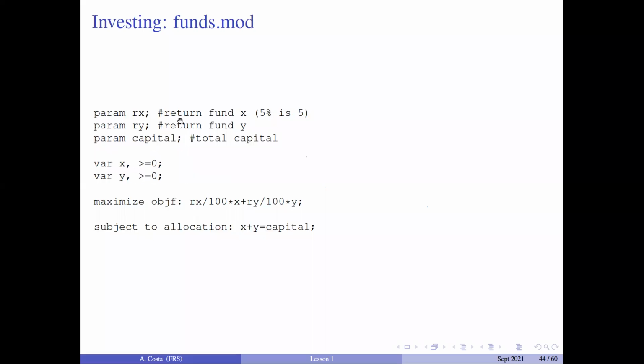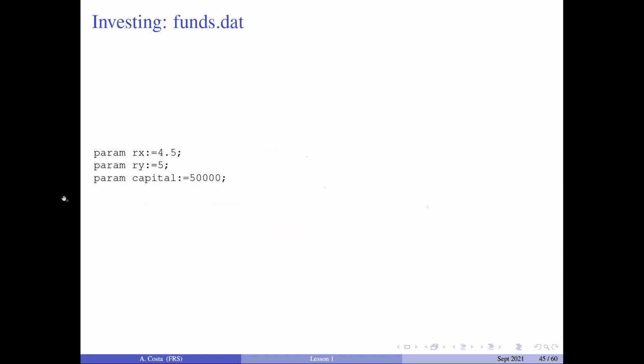Remember, we have seen the default before. Param RY default 5 and param capital default 50,000. This way, we don't even need to use the data file. But just for practicing, I want to show you also how to do it with the data file that may be more relevant when you are solving larger problems or problems where you have to try with different input.